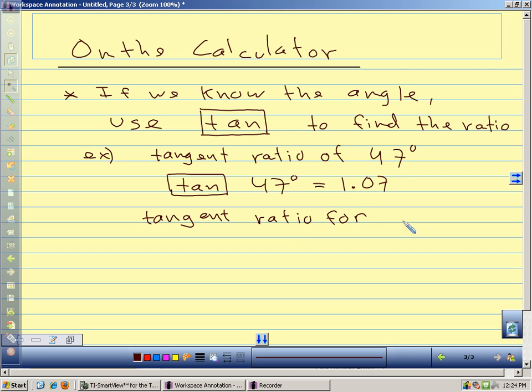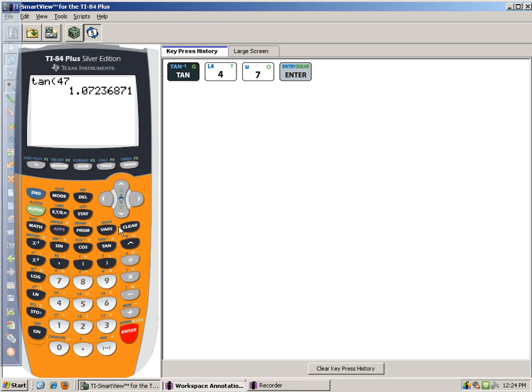Tangent ratio for 82 degrees. I'm going to use the tangent button, and I'll hit 82 degrees. I should put approximately equal because we rounded it. So our tangent ratio, I'm going to clear that.